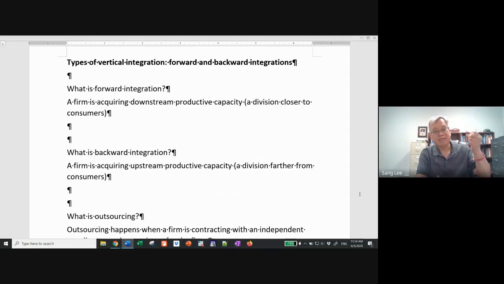But if Pepsi decides to acquire that particular productive capacity and performs the bottling function in-house, then it'll be an example of forward integration. Why? Because typically the bottling takes place closer to consumers.